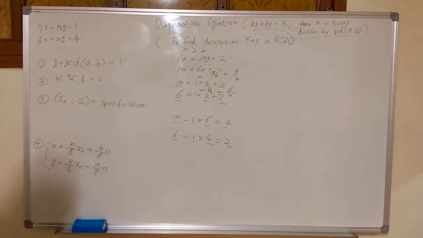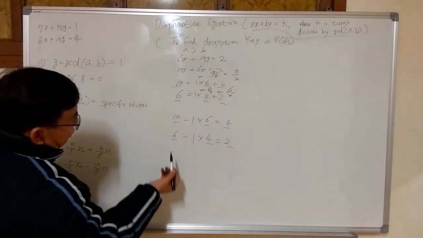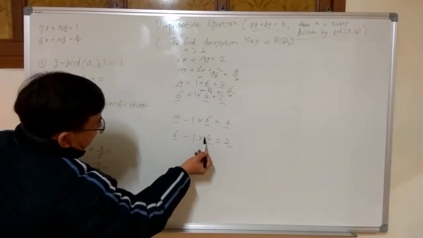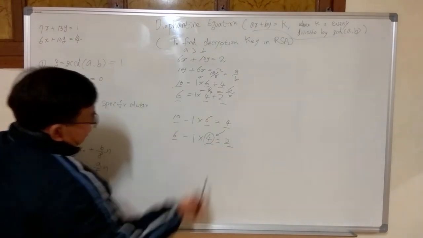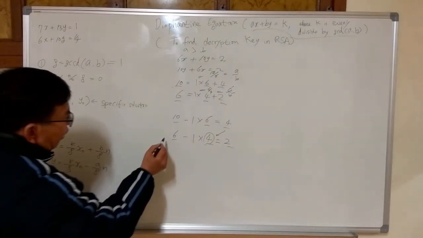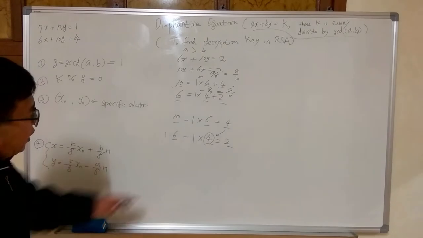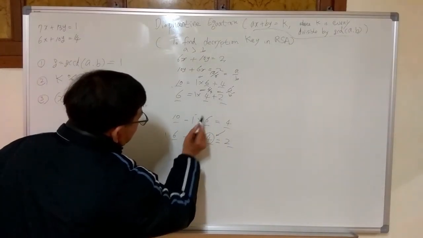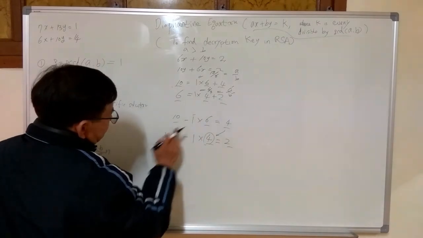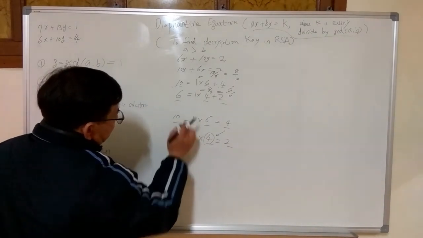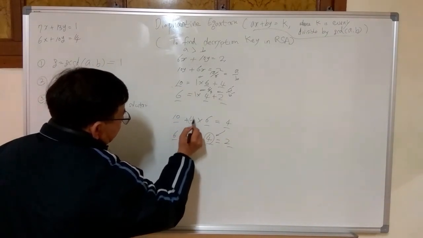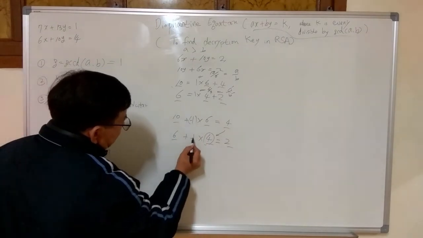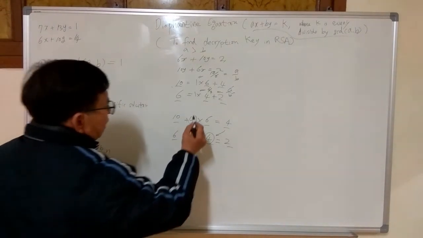Before we do that, this is actually not 1. This should be this number. I will change it: plus, minus, like this. Then it becomes like this.